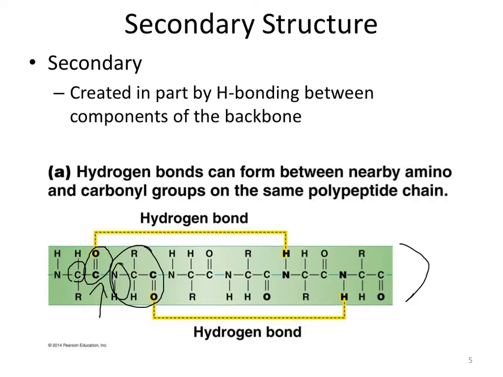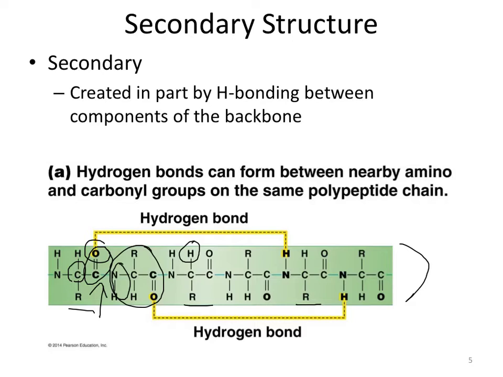So the hydrogen bonding that's important in secondary structure is connecting portions of the peptide backbone other than the R group. So the R groups are shown here, here, here, and so on. The hydrogen bonding is happening between oxygens associated with the carboxyl groups, hydrogens associated with the nitrogen group, and sometimes it can happen with hydrogens that are simply covalently bonded to the central carbon.